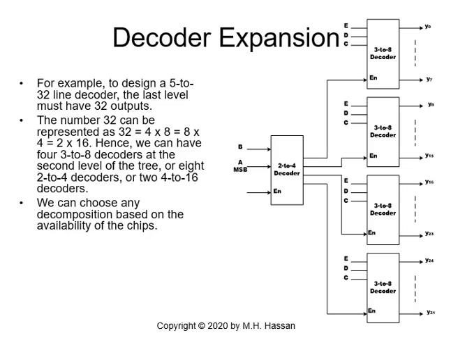Let's take an example. We need to design a 5 to 32 line decoder. So we need 32 outputs, and we have how many inputs? We have 5 inputs. So 32 could be divided as 4 by 8. We have 4 as the output of level 1 by 8, which is the output of each decoder in level 2.